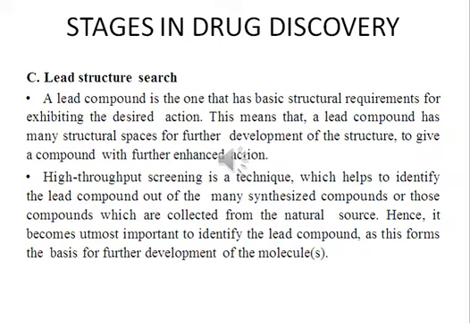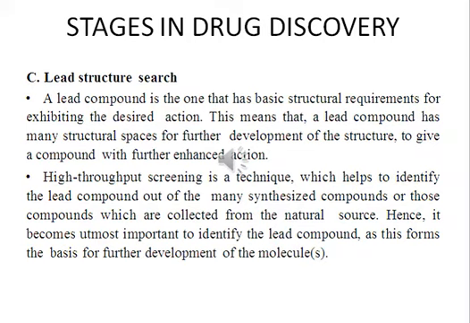So we synthesize different derivatives of the lead, and we screen all of these synthesized compounds from the parent lead compound until we get the most active compound, and that will become our new lead, right?